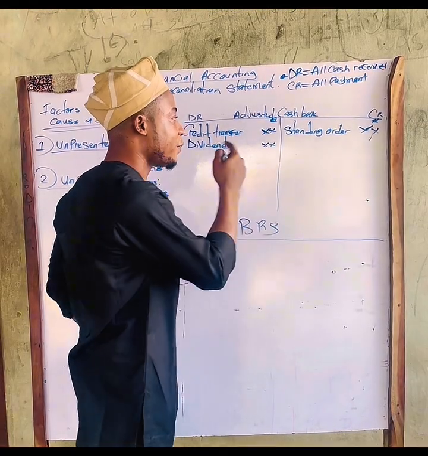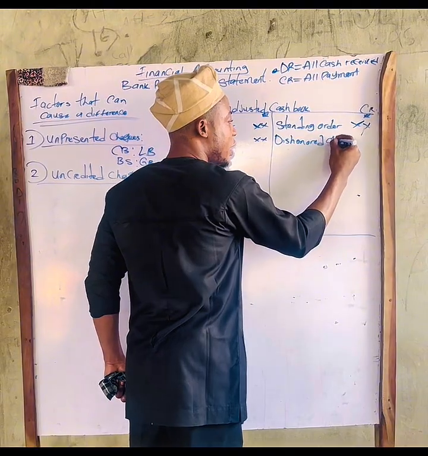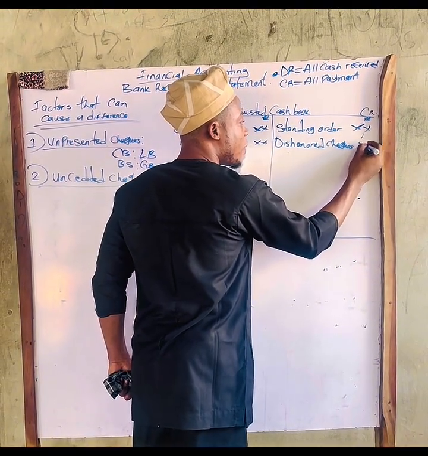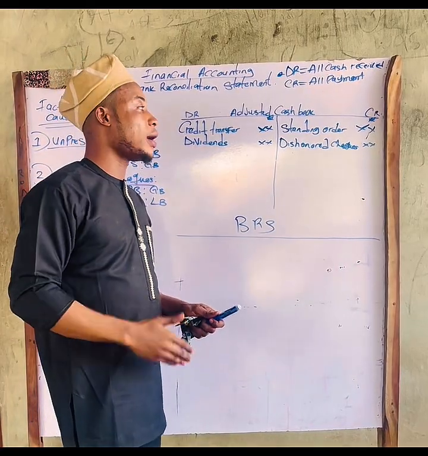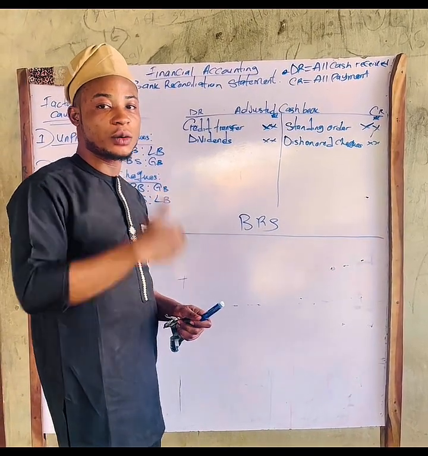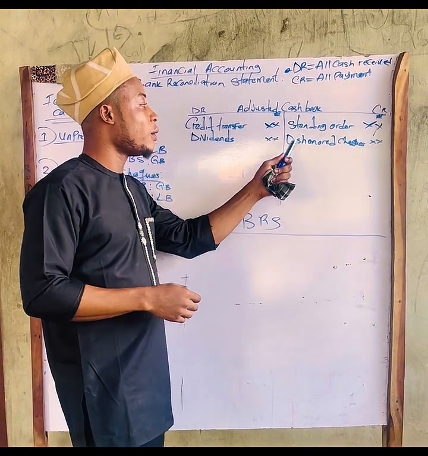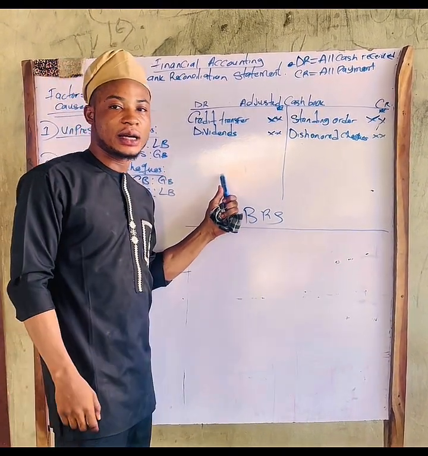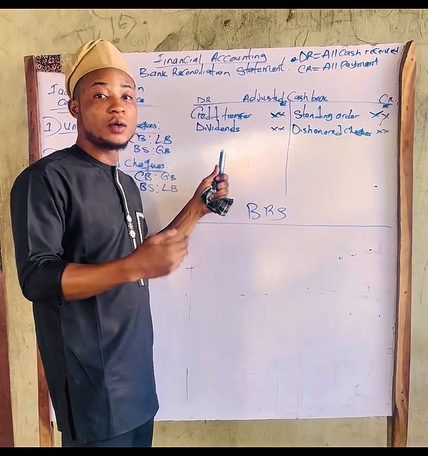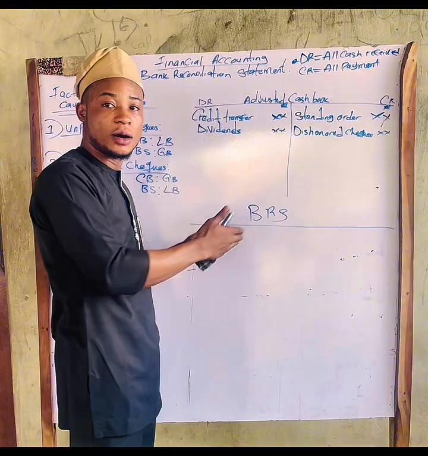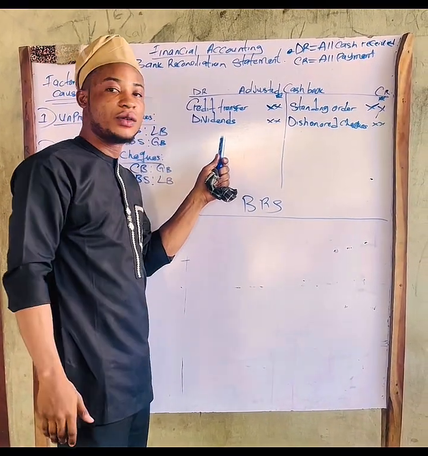So we can also have dishonored checks. Now dishonored checks are checks rejected by the bank. They are checks lodged into the bank but later rejected. In this case, it has already been recorded on the debit side of the cash book, because when we receive this check, we know that we are receiving income. So we debit all cash or all income to the debit side of the cash book.